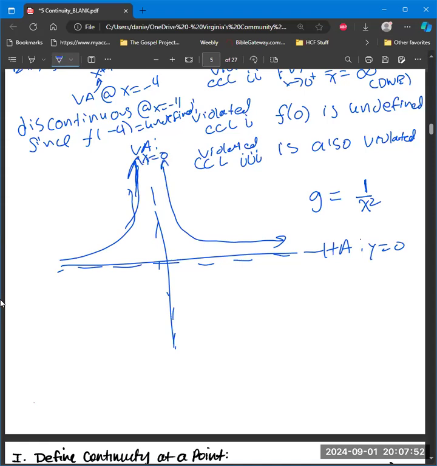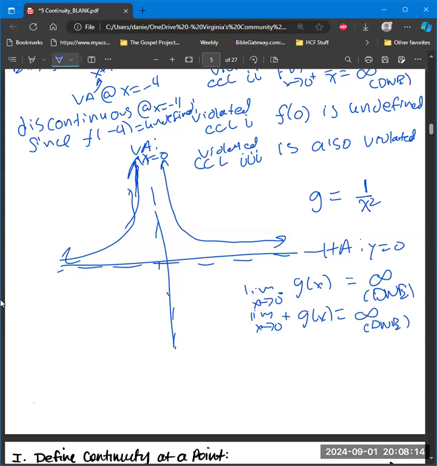It just goes to infinity on both sides. Limit as x approaches 0 from the left of g of x is equal to positive infinity, which does not exist because it increases without bound. Limit as x approaches 0 from the right of g of x is equal to infinity, which does not exist because it increases without bound.